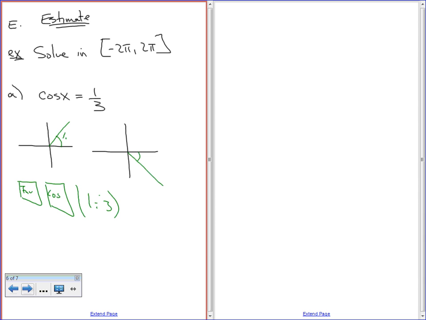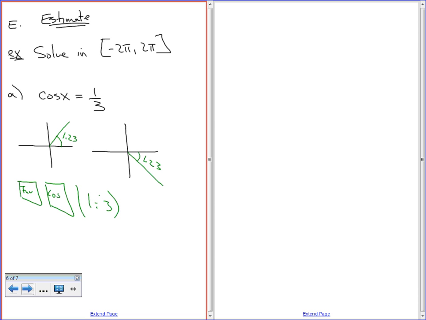Take 1, divide it by 3, hit equals first, and then hit shift and then cosine. Okay, yeah. So it's the exact same step. The only difference is you're getting this answer from your calculator as opposed to your special triangles. David, question? 1.22.